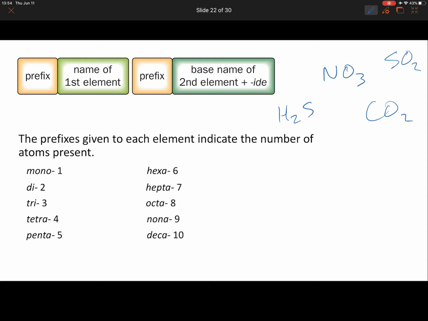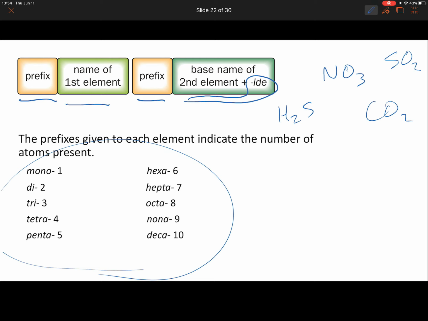If they're all nonmetals, then we are going to follow these rules. We're going to give a prefix, and then the name, and then a prefix, and then an ending change on that second name, just like we did for the ionics. The prefixes come from here and are going to be based on how many of those atoms there are.